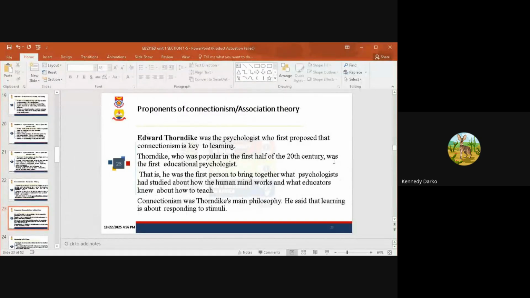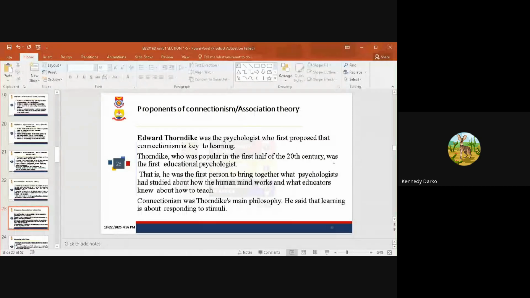All right. Now, the proponent of connectionism or association theory, Edward Thorndike, was a psychologist who first proposed that connectionism is a key to learning. Whatever you are learning, you must connect, you must relate. Thorndike, who was popular in the first half of the 20th century, was the first educational psychologist.